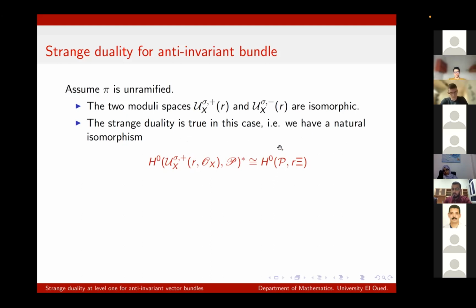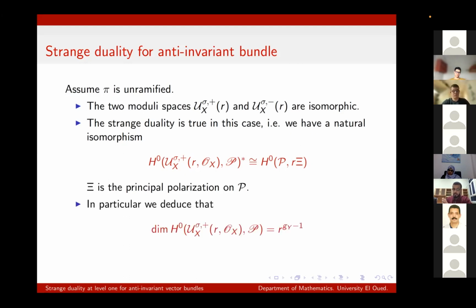When you restrict the polarization from the Jacobian, it also has a square root. Okay, so this is good, and the proof depends on the study of the Hitchin system on these moduli spaces. It's similar to the proof given by Beauville and Narasimhan.